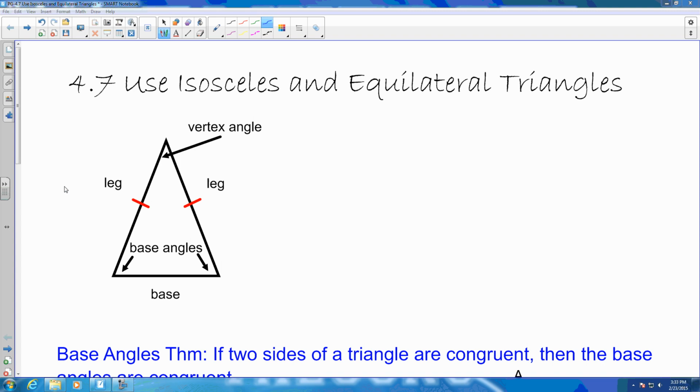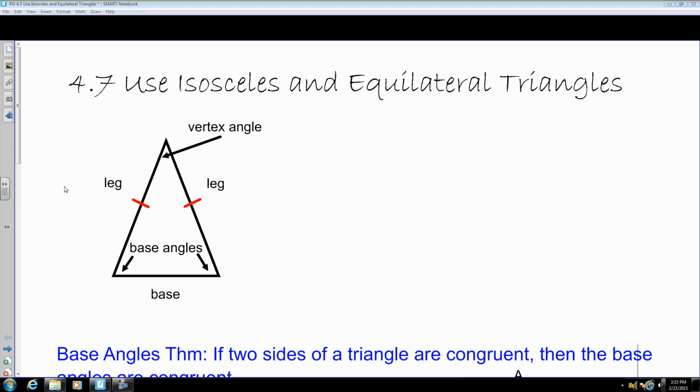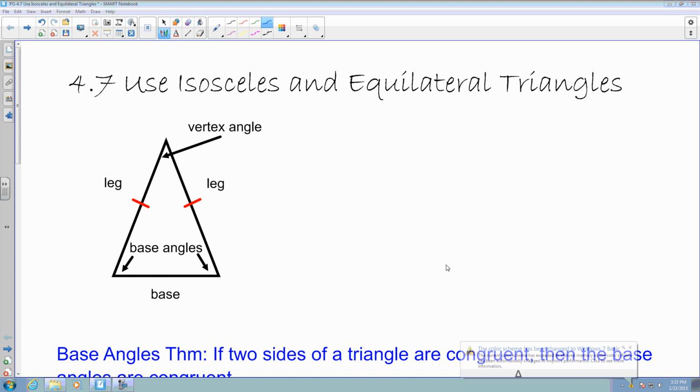We talked about the classifications of triangles earlier in chapter 4, and these classifications could be brought up into two categories: triangles classified by angles and triangles classified by their side lengths. Isosceles and equilateral triangles are ways that we can classify triangles by their side lengths.